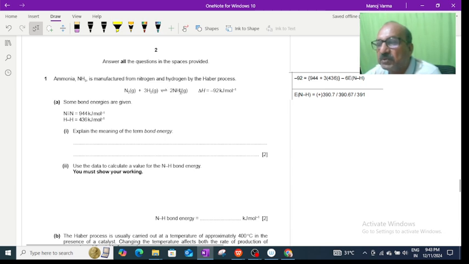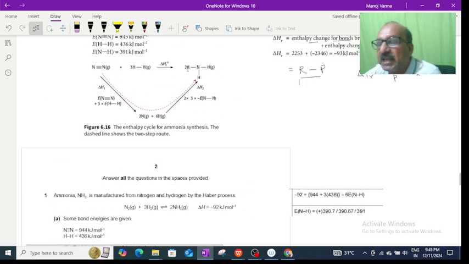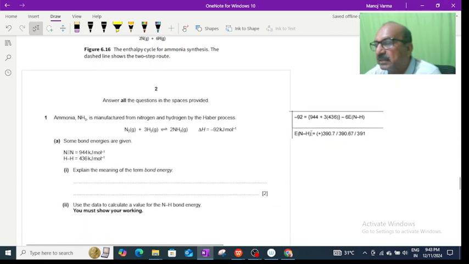The product is 2NH3, and 2NH3 has 6 N-H bonds. See this, 1 2 3 times 2, 6 N-H bonds. So now you will subtract, reactants minus the products, and 6 N-H bonds are formed in the products. This value we don't know, but we know what we get after the subtraction. That is minus 92.